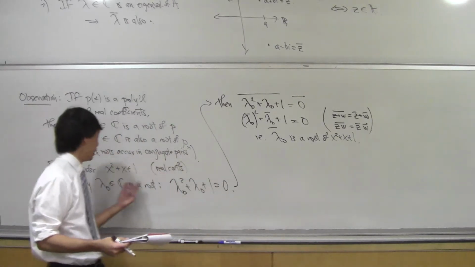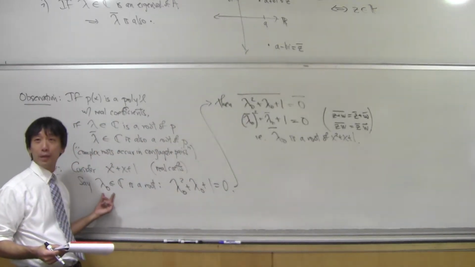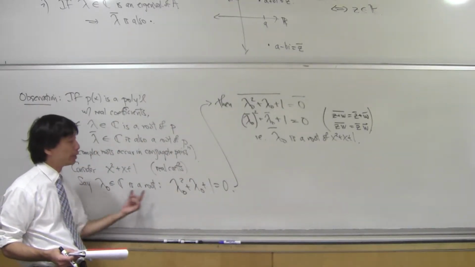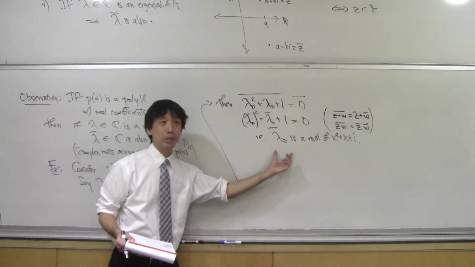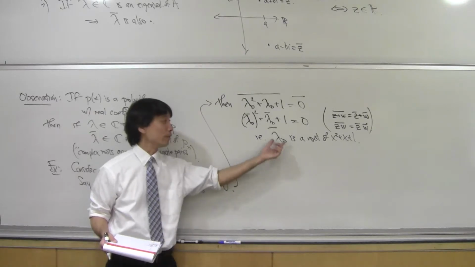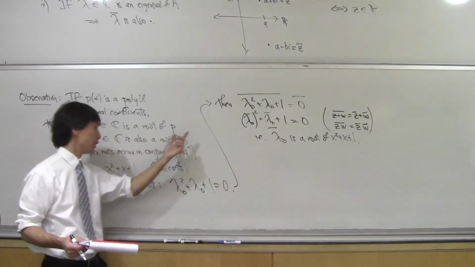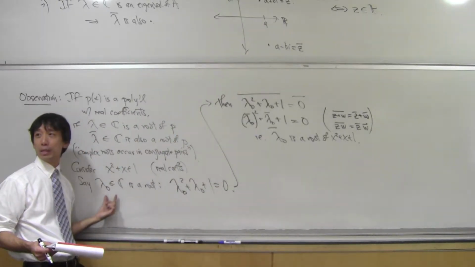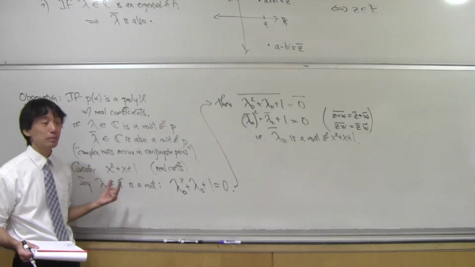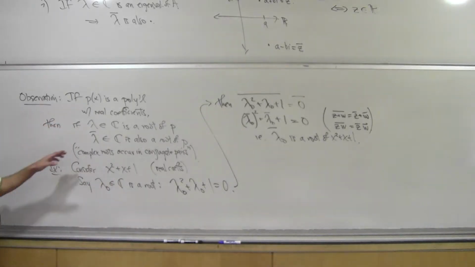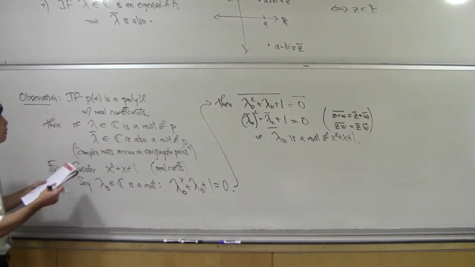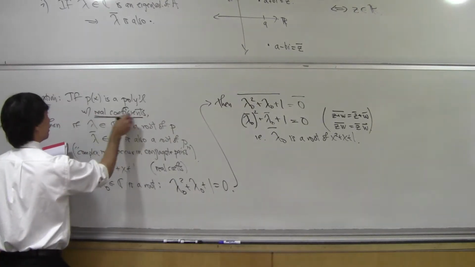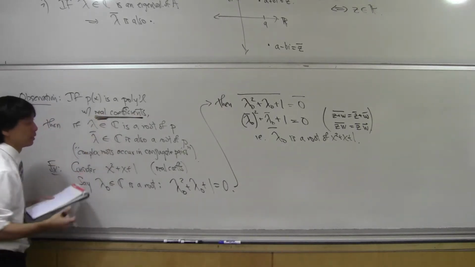So if you have a complex number that's a root and your coefficients are all real, then its complex conjugate is going to be a root also, and vice versa. Complex roots occur in conjugate pairs as long as you have a polynomial with real coefficients. That's key.